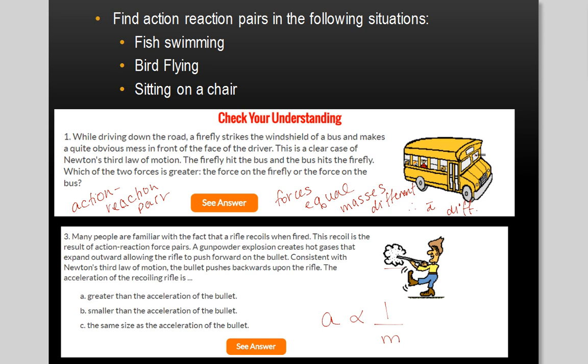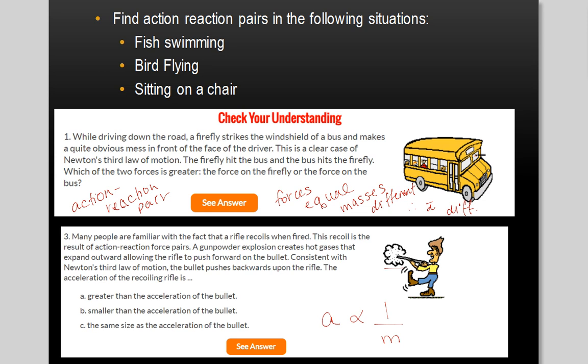The acceleration of the recoiling rifle is greater or smaller than, or the same size as, the bullet? The acceleration of the rifle: smaller, because it has more mass. If you shot that bullet straight and there was no ground to stop it, it would go for a long while, right?